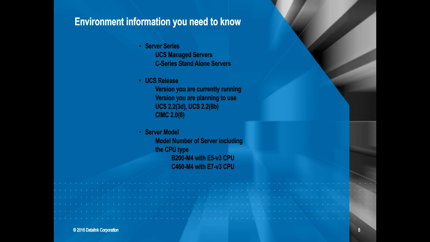You also need to know your server model, including the CPU type. For example, a B200 M4 with an E5 v3 processor. For your C-series, it'll look something like the C460 M4 with the E7 v3 CPU.